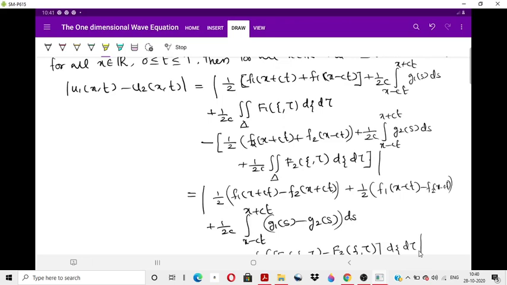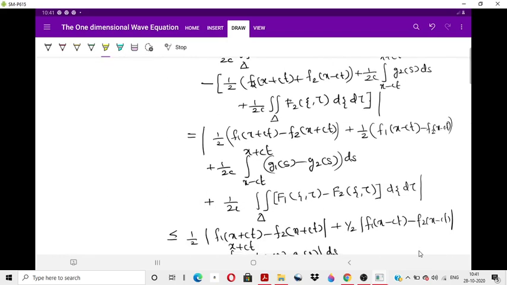Then plus, we combine the terms under the integral sign from x-ct to x+ct. So from u1 we have 1/(2c) integral x-ct to x+ct of g1(s) minus g2(s) from u2 of (x,t) into ds. Then plus 1/(2c) double integral over the characteristic triangle delta of F1(theta, tau) minus F2(theta, tau) d theta d tau.